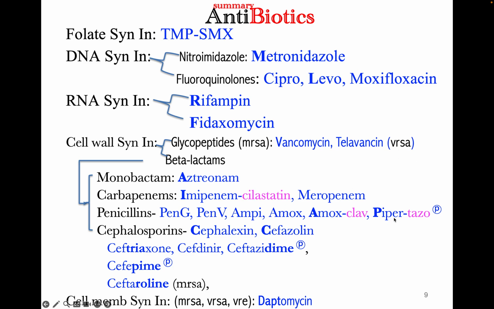Then piperacillin-tazobactam. This is piperacillin, a very strong IV drug. In the hospital setting we can use it, broad spectrum. I put P because this has pseudomonas coverage. Piperacillin can also be broken by beta-lactamase producing bacteria. Therefore, we are adding tazobactam, a beta-lactamase inhibitor.